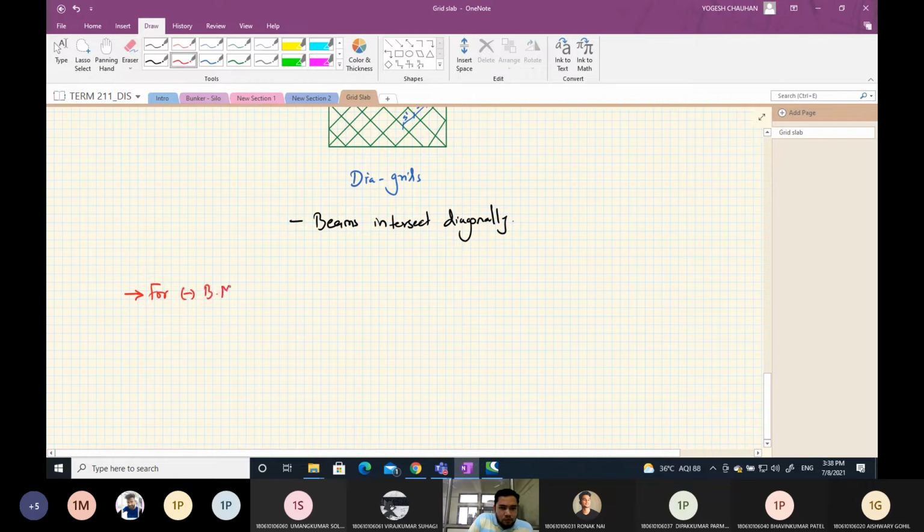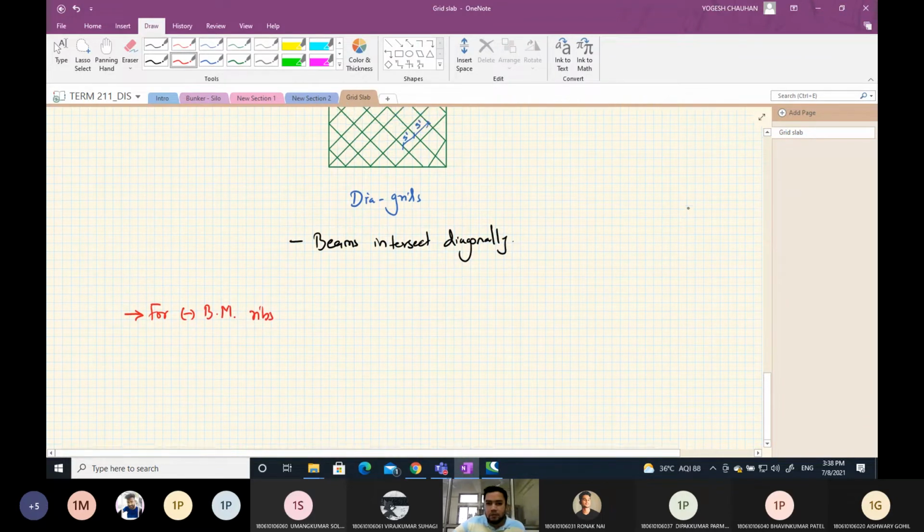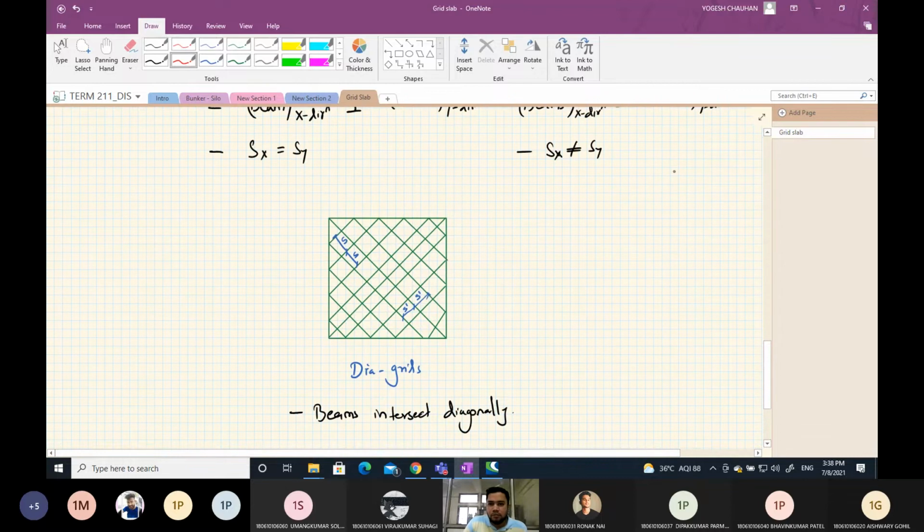See, if we see the cross section of these beams, they are like T slabs with closely spaced ribs, and the depth of the rib is as shown. This is the cross section. This portion is called rib.